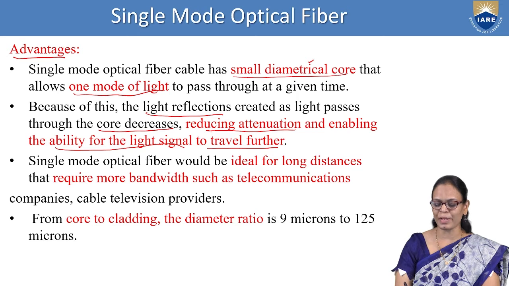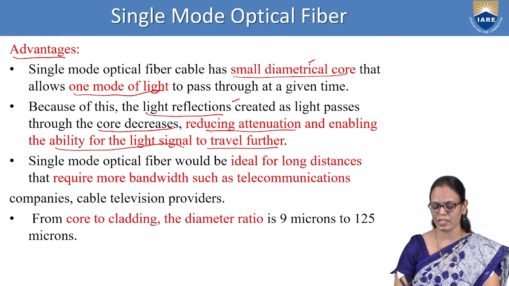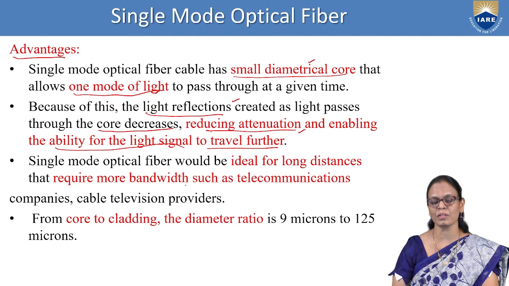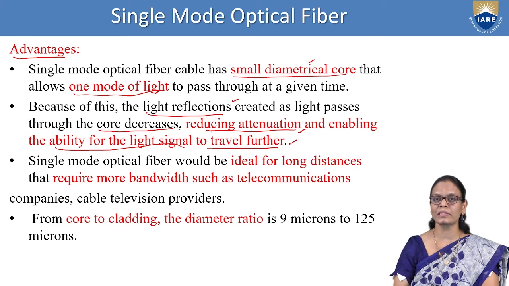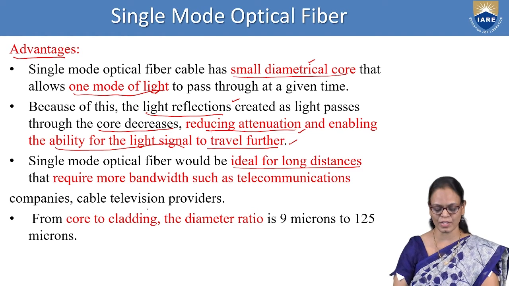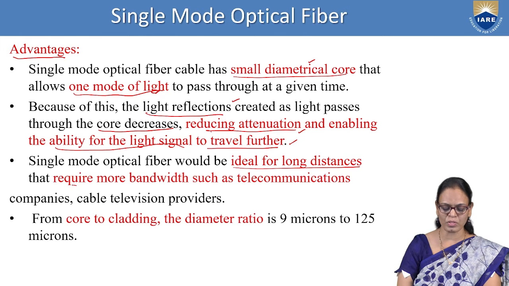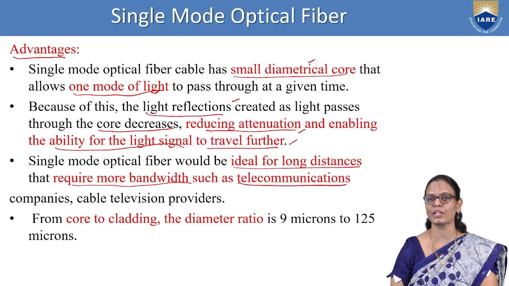So the small diametrical core allows only one mode, and because of a single mode, the reflections are less, and because the reflections are less, it reduces the attenuation, and because it is traveling along a straight path, it can travel farther distances. So this single mode optical fiber is ideal for long distance transmission and also wherever we require more bandwidth, such as telecommunications.